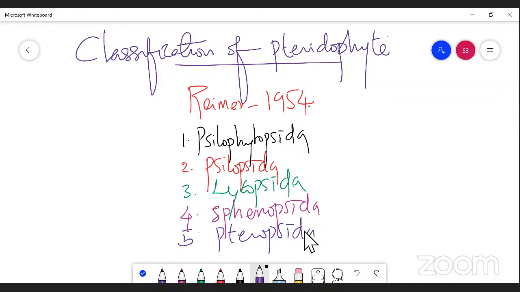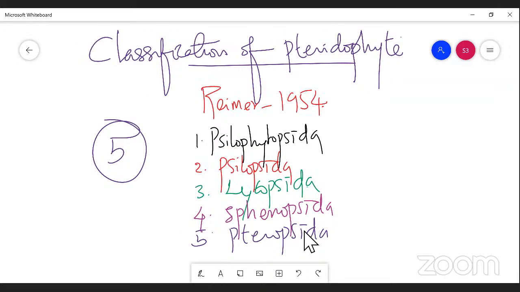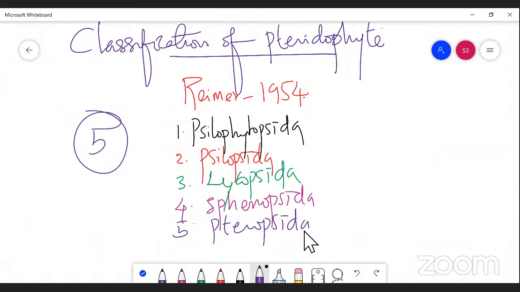So there are 5 subdivisions in Reimer's classification. Reimer was one of the scientists who classified first. My dear students, pteridophytic members have been divided into 5 subdivisions, right? They are Xylophytopsida, second Psilopsida, third Lycopsida, fourth Sphenopsida, and fifth Pteropsida, right?